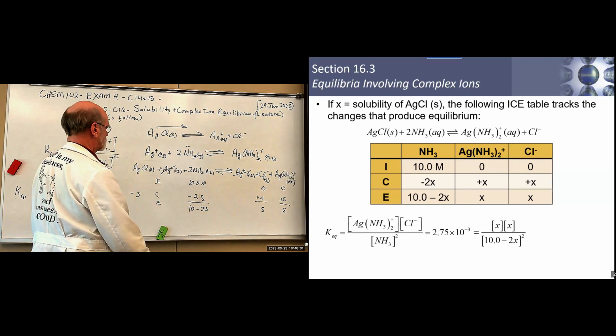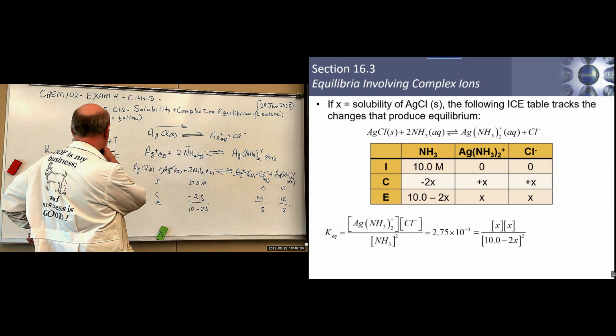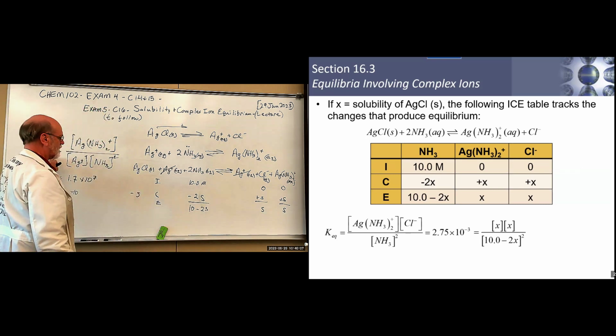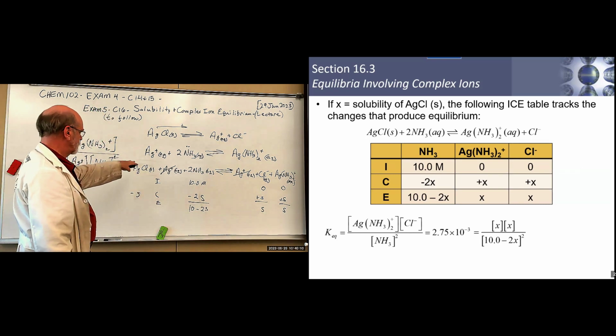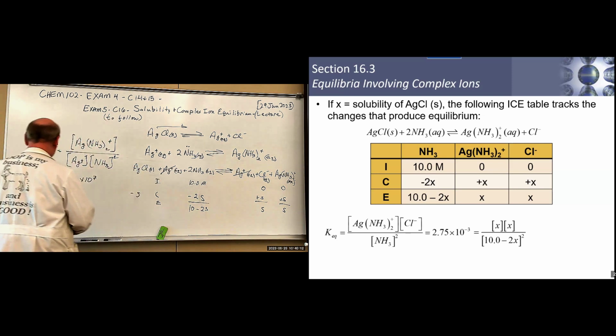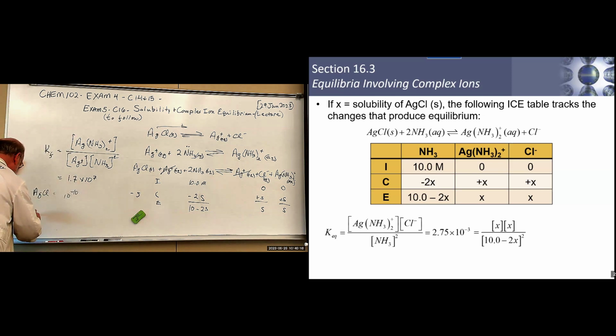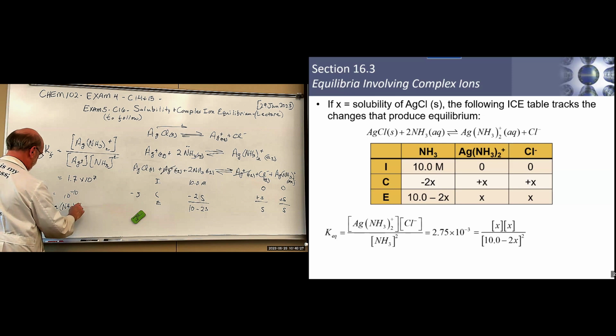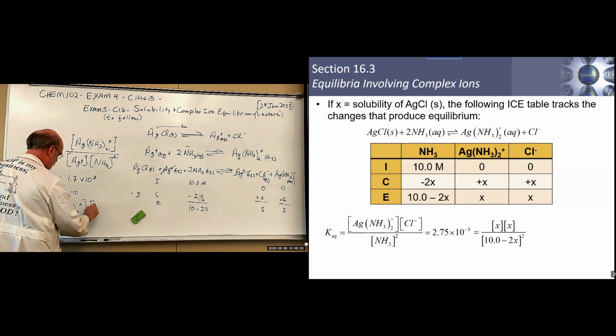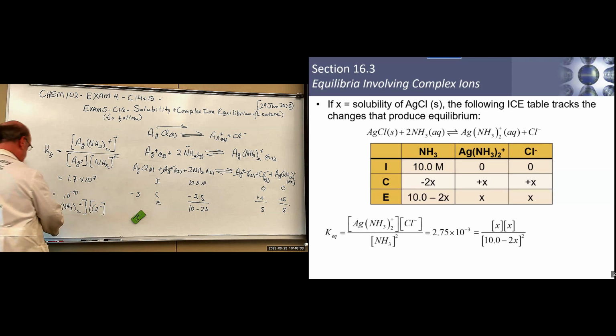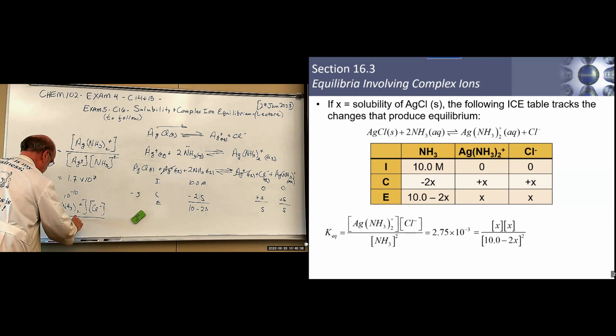Wait a minute. Oh, this is the formation constant. This is not the K for this expression. So I guess I can put it down here. The K_eq for that expression would be the complex ion and the chloride there, and then down here, we have the ammonia squared.